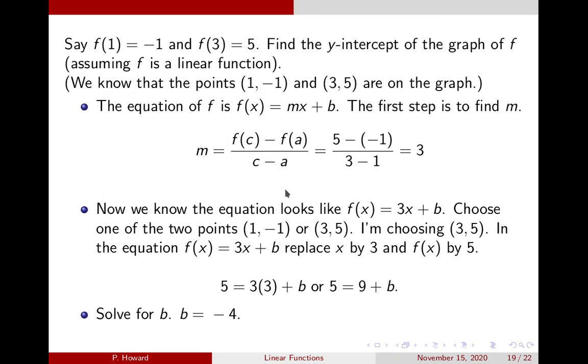So this is how you can find the y-intercept, the number b, knowing f of a and f of c for 2 different inputs, a and c.